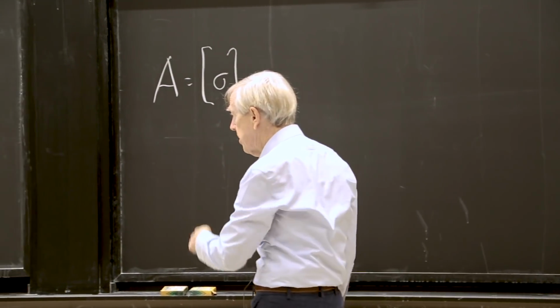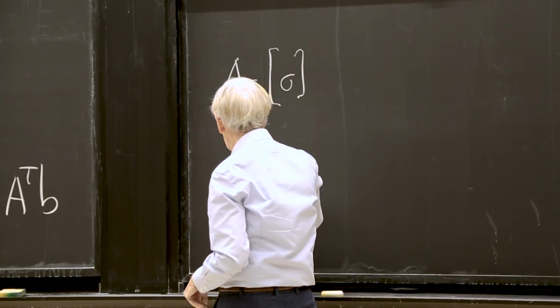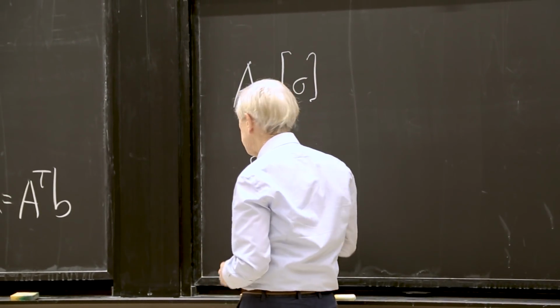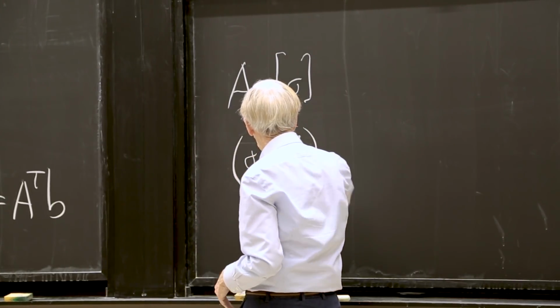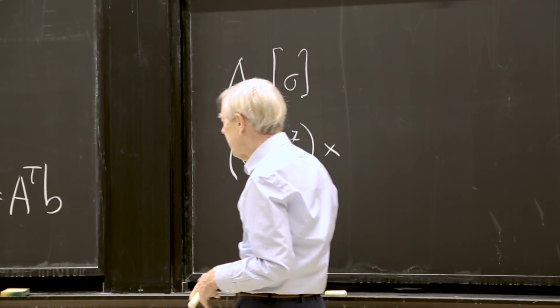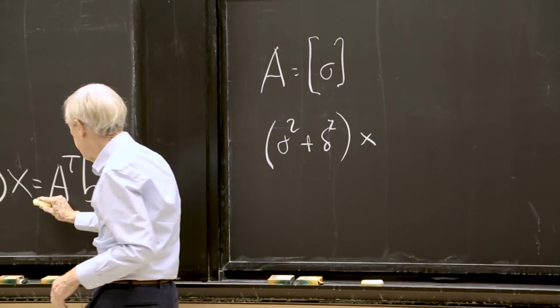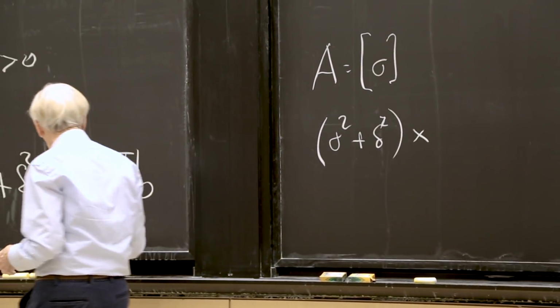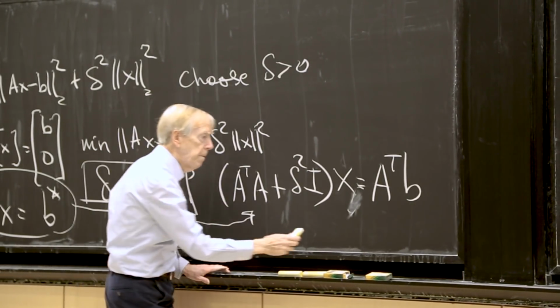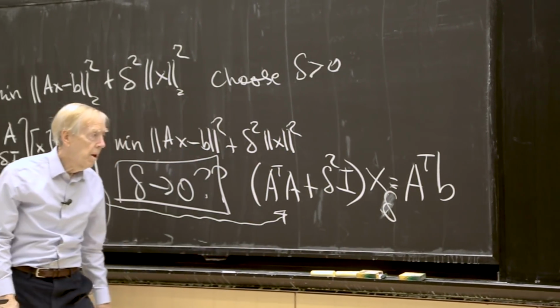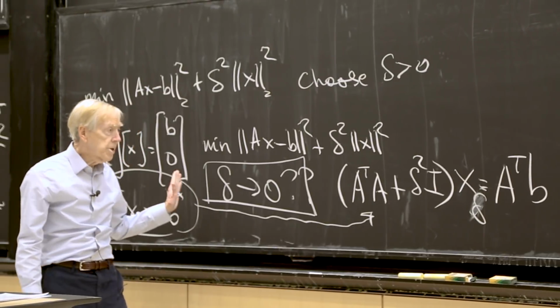So what's my equation that I'm solving? A transpose A would be sigma squared plus delta squared, 1 by 1, x. Should I give some subscript here? I should really, to do it right. This is the solution for a given delta. And I'm asking what happens.